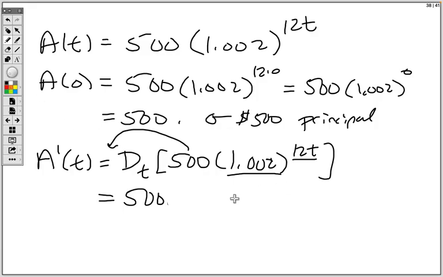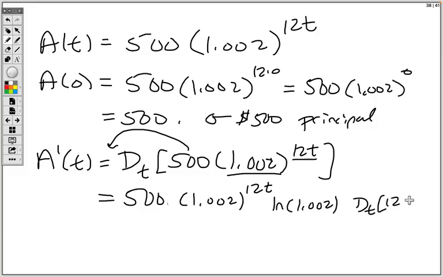The derivative of 1.002 to the something is 1.002 to the something times the natural log of 1.002 times the derivative of that something. The derivative here of 12t is 12.